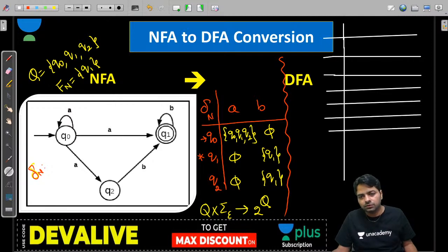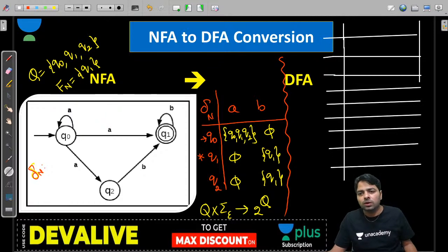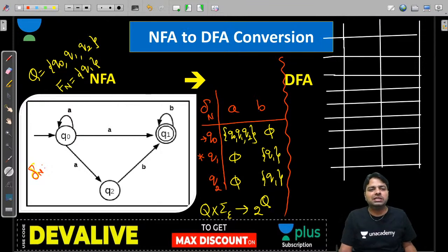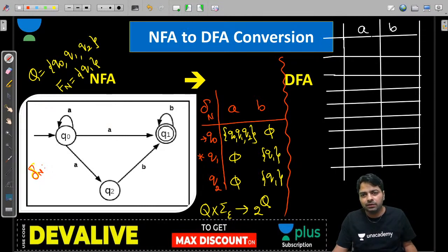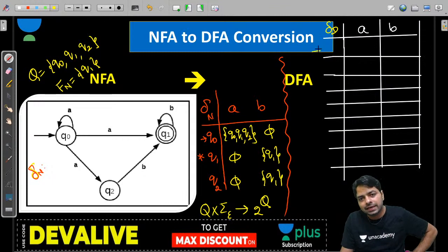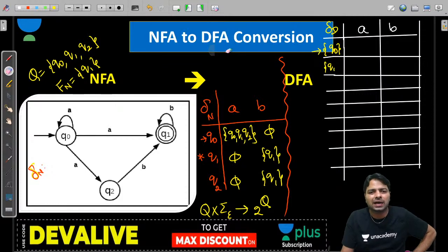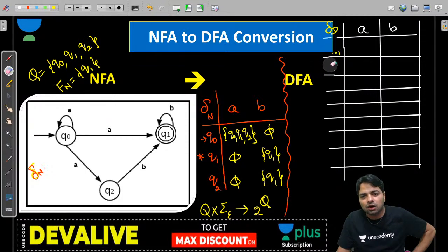Whatever I am doing, it's a blind concept. I don't worry much about the machine, I'll copy paste. Here you have A and B, and I'm going to take the subsets now. This is the delta D table. The initial state is the same, so I'll put Q0 as a set, and then Q1. Instead of that, I'll just blindly copy all the subsets.